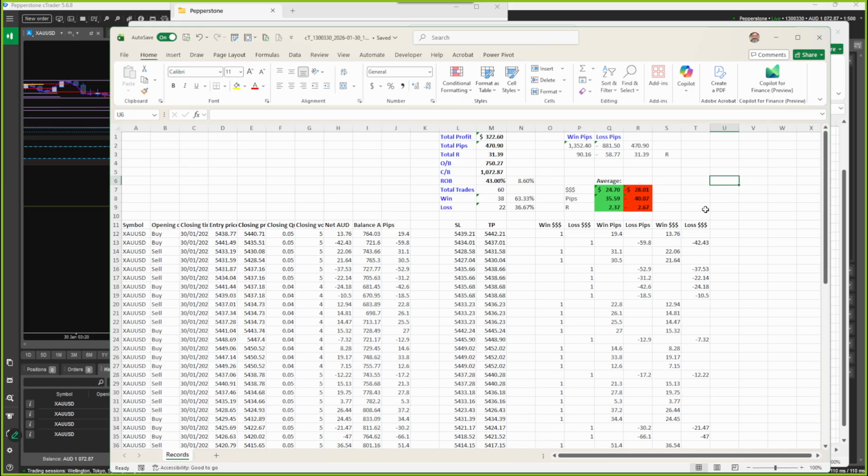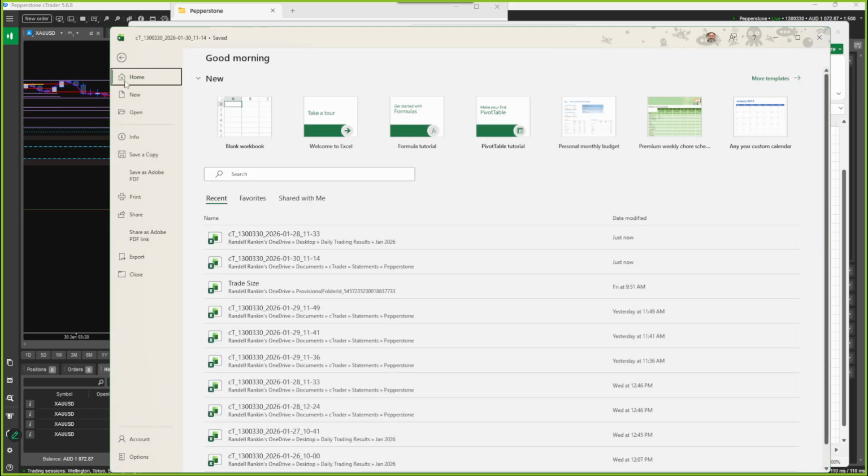So I'm 2.37R win and 2.67 loss. And I reckon that was about a six, maybe 6 out of 10. I might be generous and give myself 6.5. Yeah. Right. Thoughts or comments?